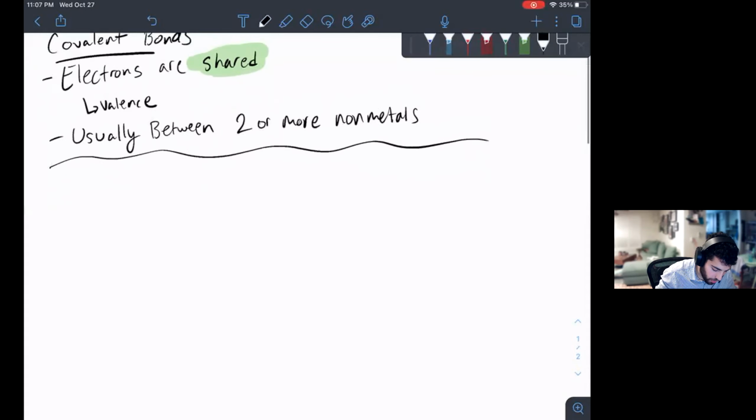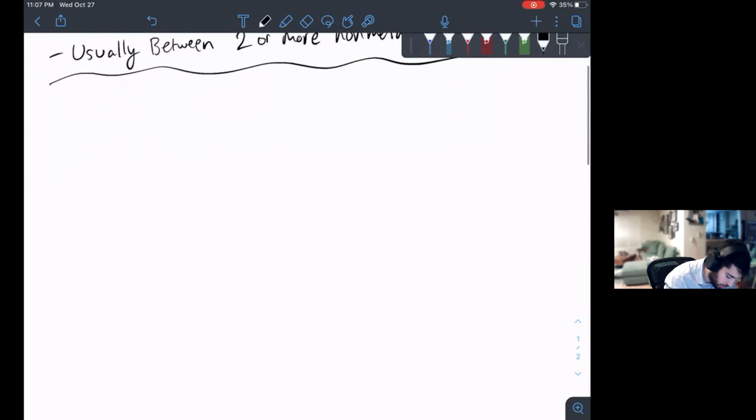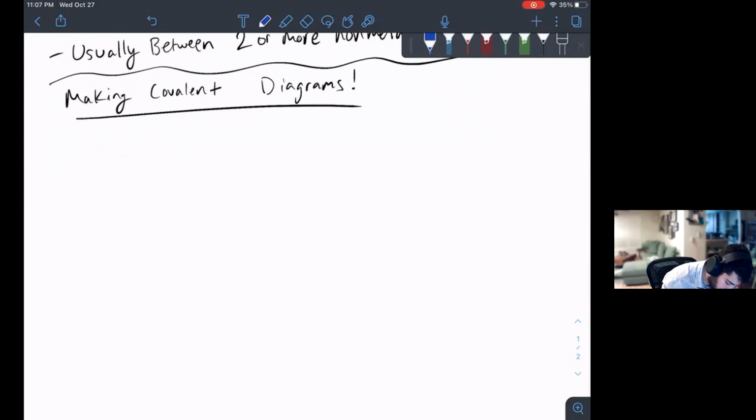So let's keep these two things in mind. And what I'm going to do is make a step-by-step diagram on how to actively make covalent bond diagrams. Use a new color for this.